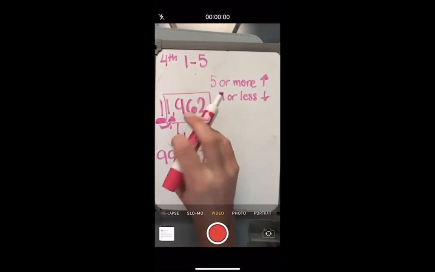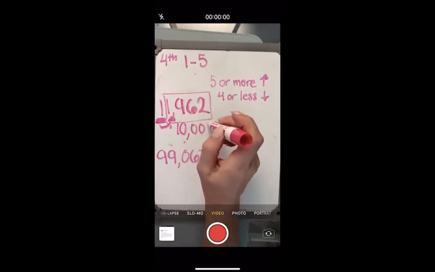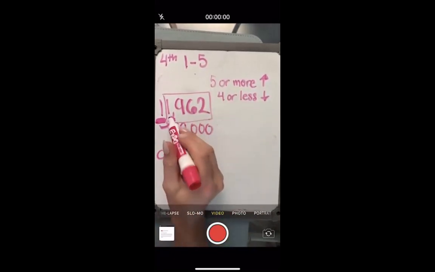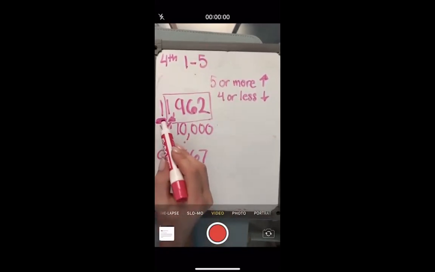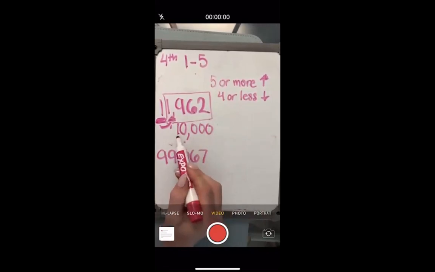And the good way to remember this is everything after the place value you're rounding from becomes a 0. I was starting at my 10,000s place, right? Once I've rounded, everything after that becomes a 0, because those place values are now rounded to the nearest 10,000.